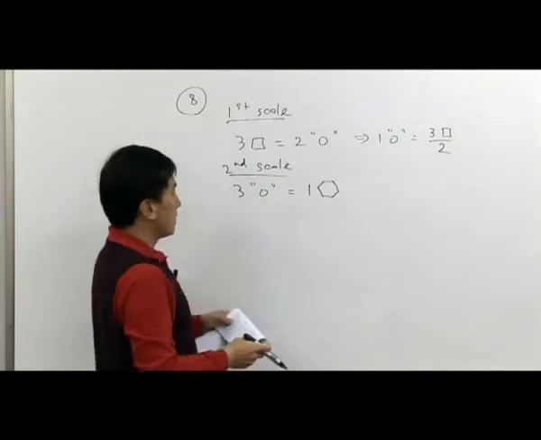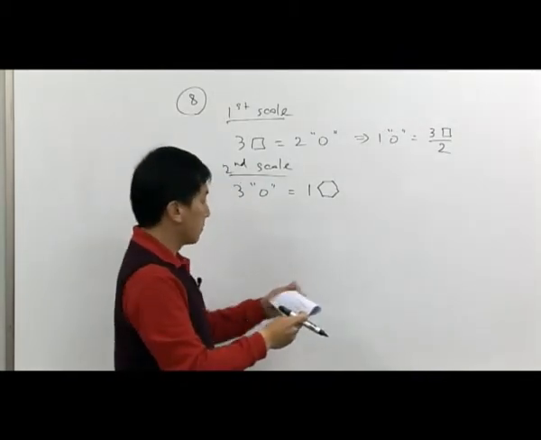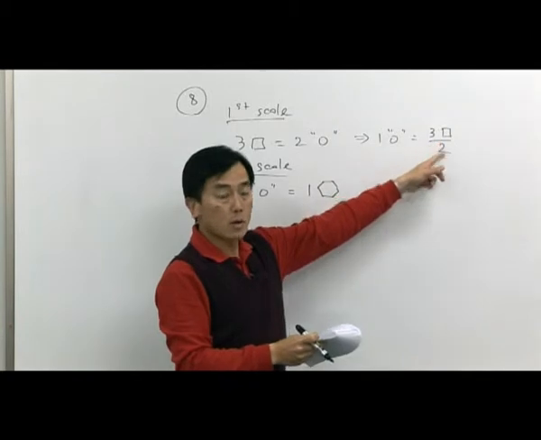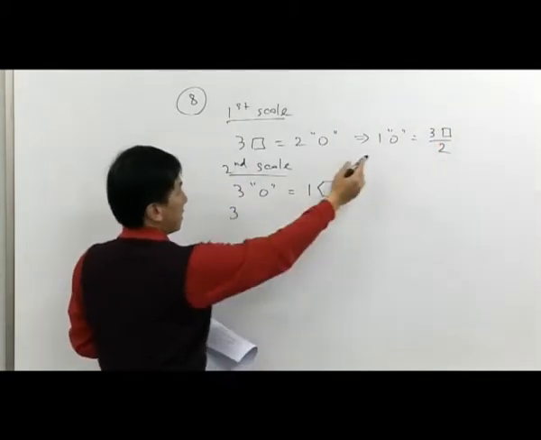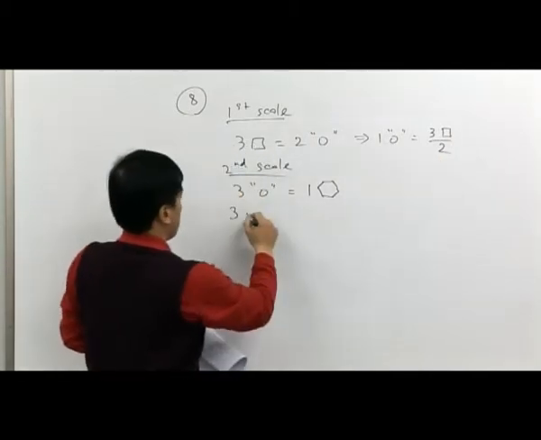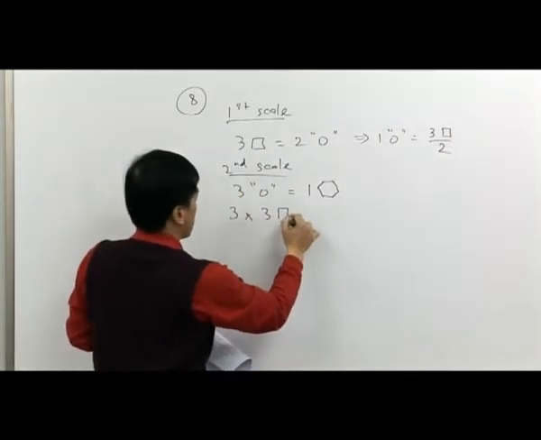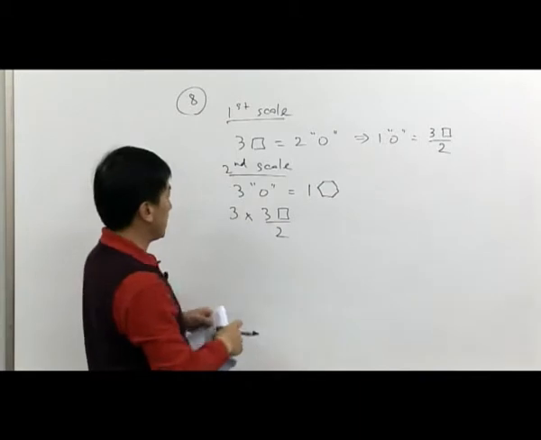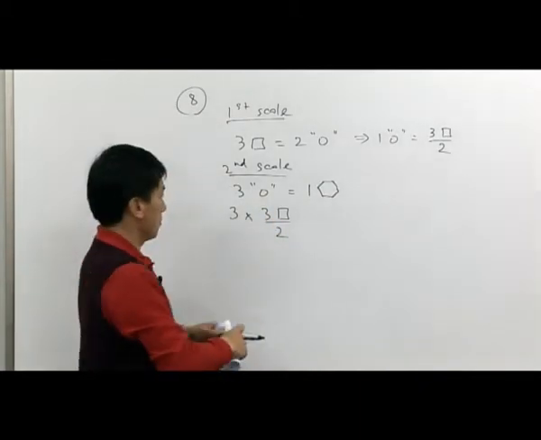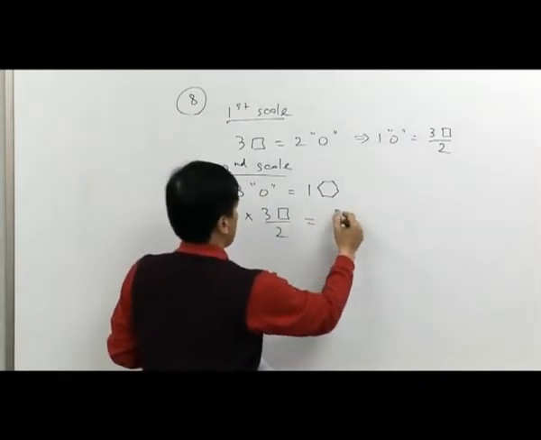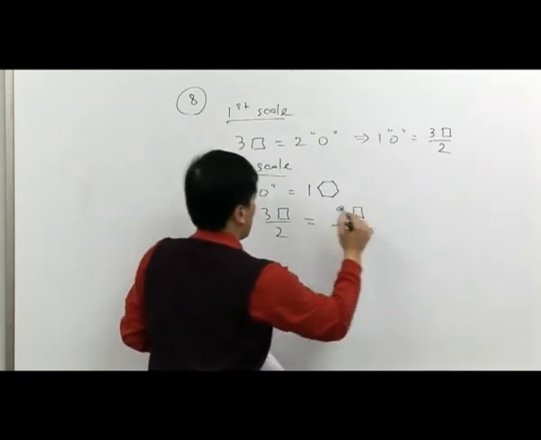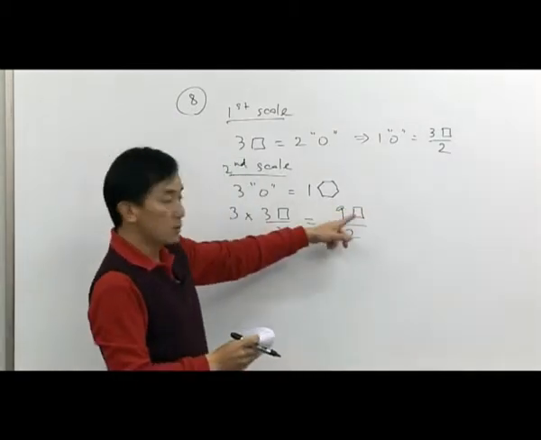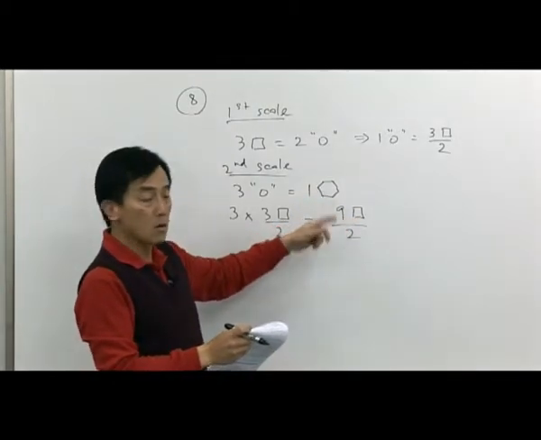So 3 circles, as we know, are 3.5 squares. So instead of circles, we substitute in 3 squares over 2. That's 3 times 3 squares over 2. So 3 times 3 gives us 9. So 9 over 2 squares are equal to 1 hexagon.